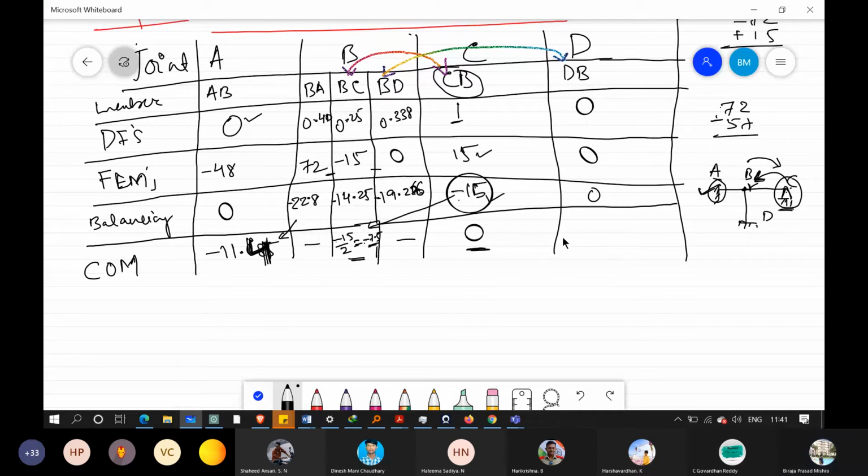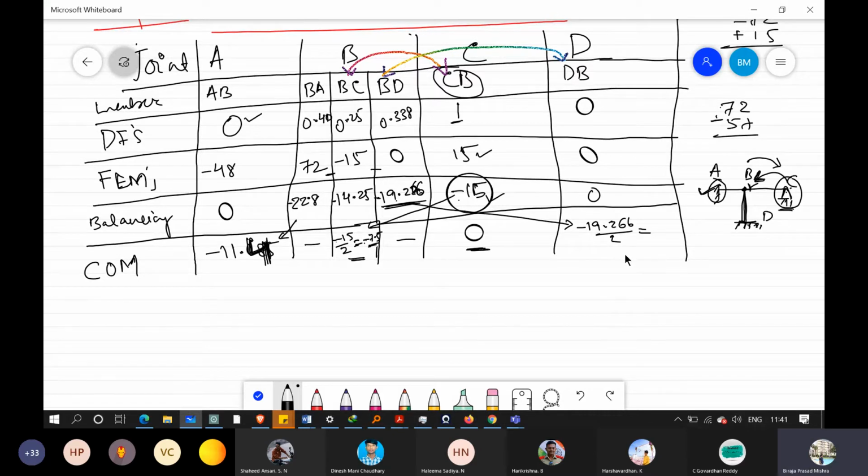But what about this one? This is from B to D. Yes, definitely it will come because it is a fixed end. So this will be minus 19.266 divided by 2. How much is it coming?